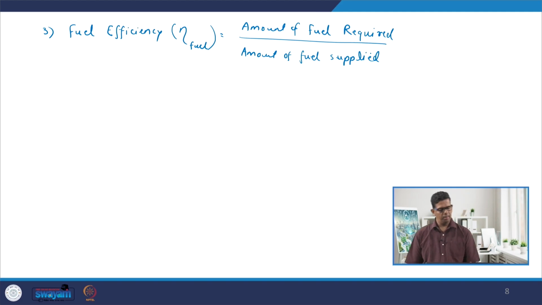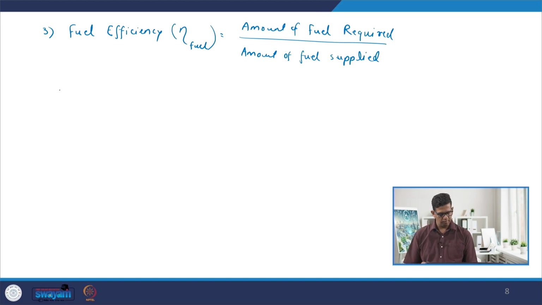What it means, in other words, is that the amount of fuel actually supplied to the cell is far more compared to the theoretical requirement of the fuel. We will eventually find out how we can find the theoretical requirement of a fuel.